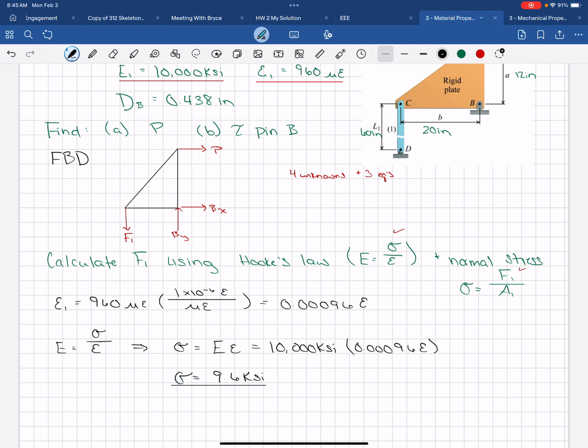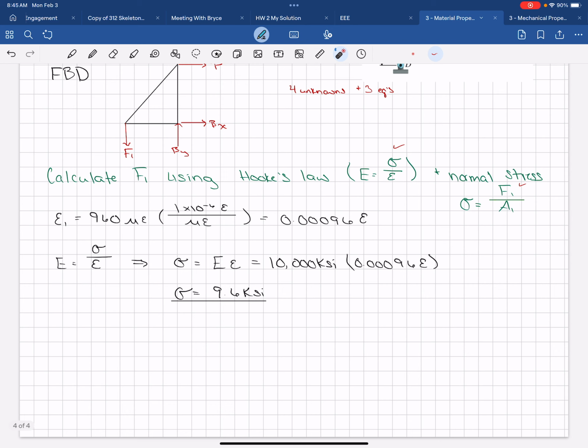Okay, so now we can use that normal stress. It's the normal stress in bar 1. And they gave us the area of bar 1, so that's this. And then we can calculate the force in bar 1 so that we know this force, and then we'll only have 3 unknowns and 3 equations.